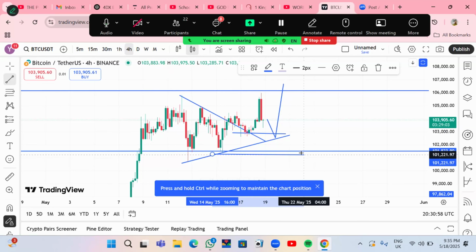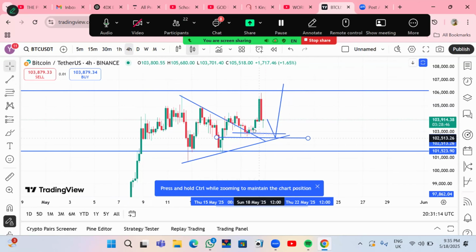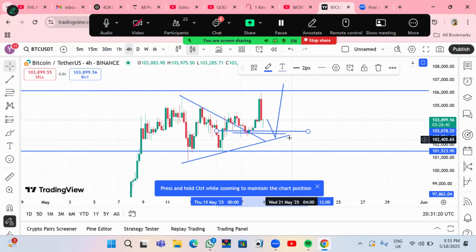So the way I trade is that immediately price has started going up, I will move this stop loss from here to my entry level, or slightly above my entry level.